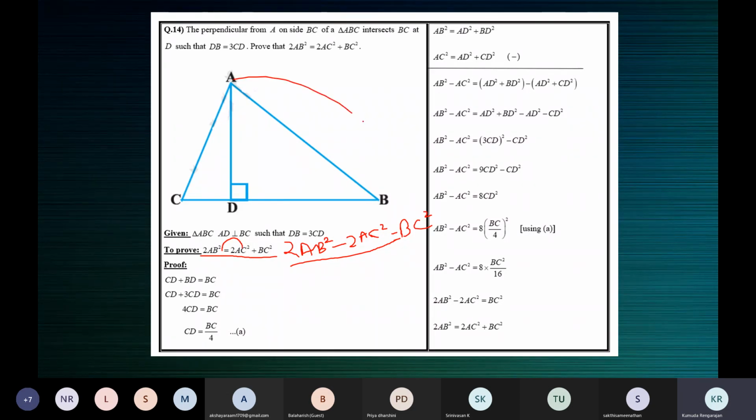Because we can find AB square using Pythagoras theorem on this right triangle, and AC square using Pythagoras theorem on this right triangle. And that's how we start here.